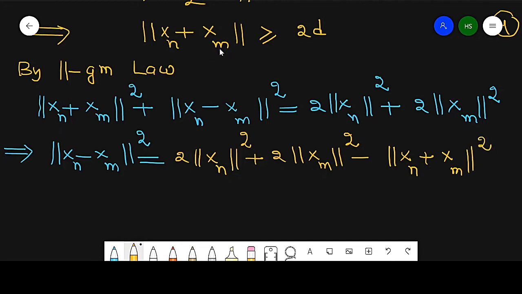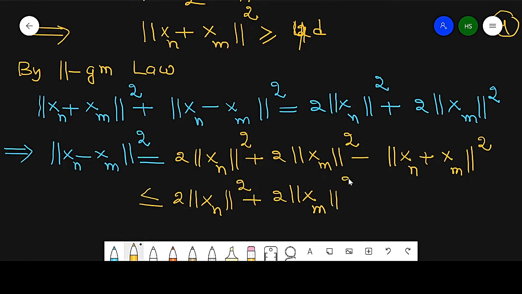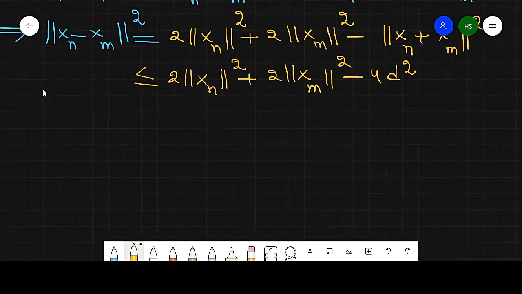Now from equation 4, if this is greater than or equal to 2D, then its square is greater than or equal to 4D square. If we multiply by minus, this is less than or equal to minus 4D square. So this is less than or equal to 2 times norm of xn whole square plus 2 times norm of xm whole square minus 4D square.